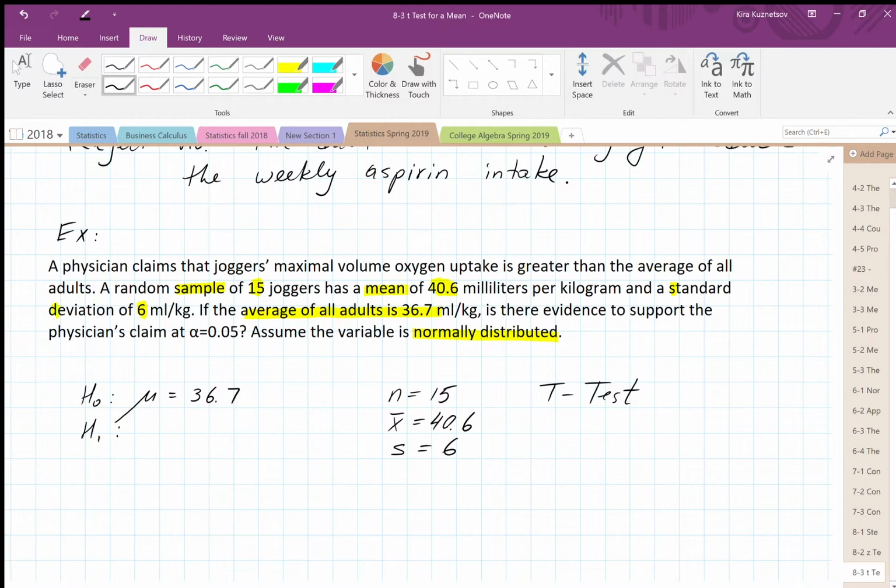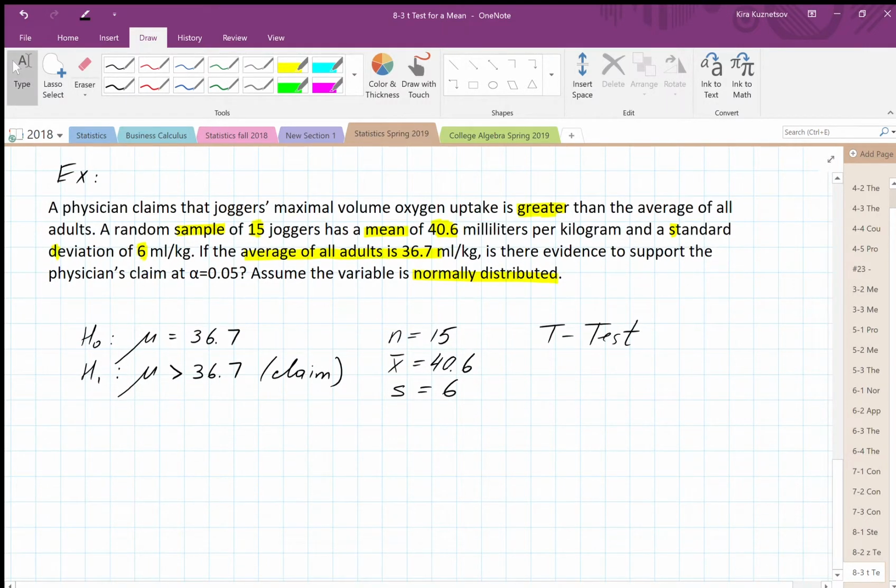In this case, the physician is trying to claim that the jogger's maximum volume oxygen uptake is greater than the average adult. So we're going to see that this sample that we've gathered should be greater than 36.7. So this is the claim that the physician is trying to make. My step 1, I have my hypotheses listed.